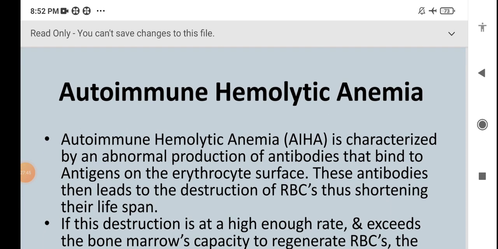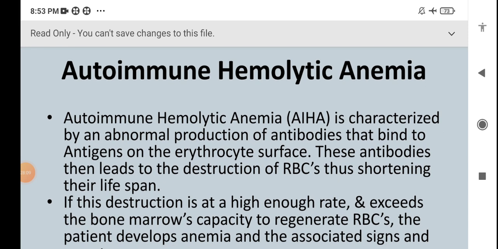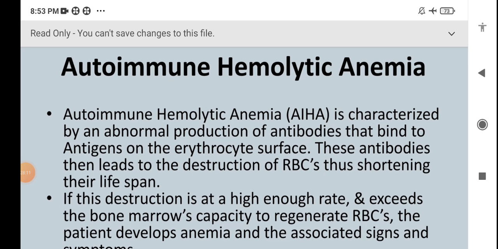Now coming to another important entity, autoimmune hemolytic anemia. Autoimmune hemolytic anemia is characterized by an abnormal production of antibodies that bind to antigens on the erythrocyte surface. These antibodies then lead to the destruction of RBCs, thus shortening their lifespan. This destruction happens at a high enough rate that it exceeds the bone marrow's capacity to regenerate RBCs.